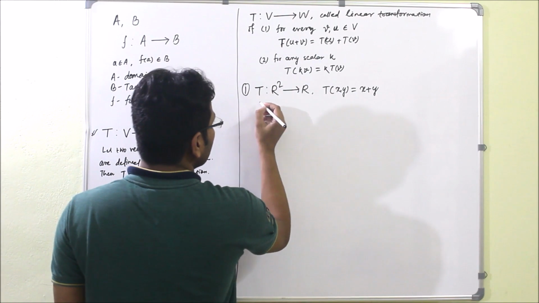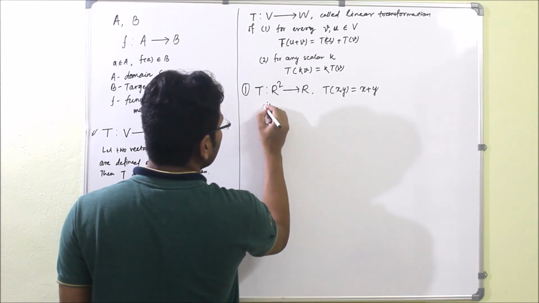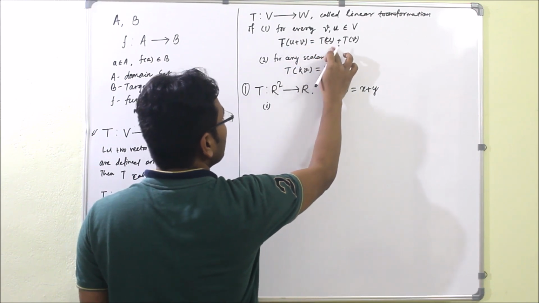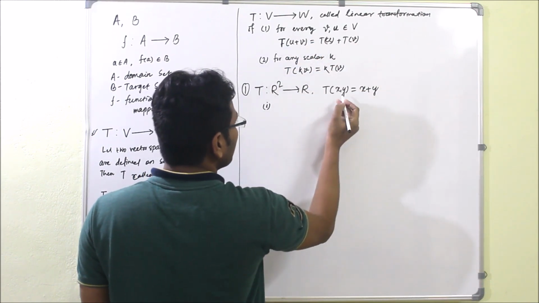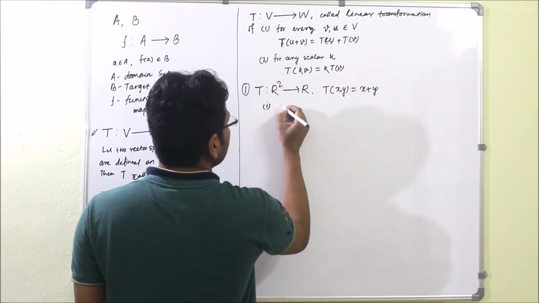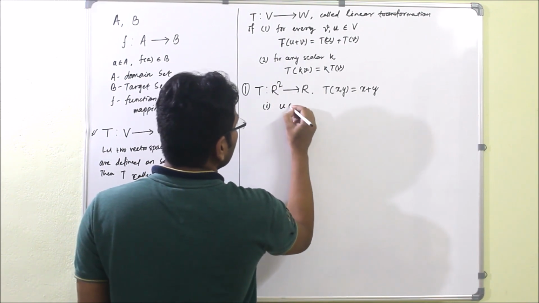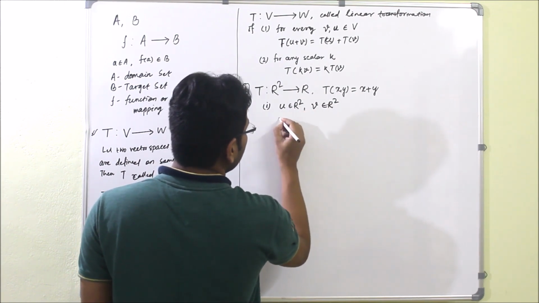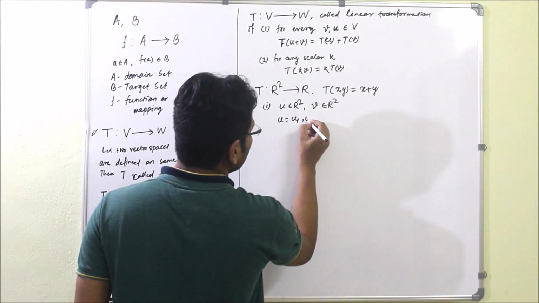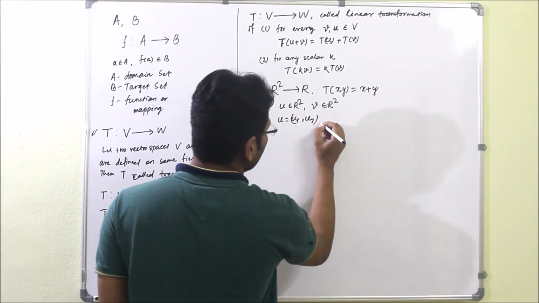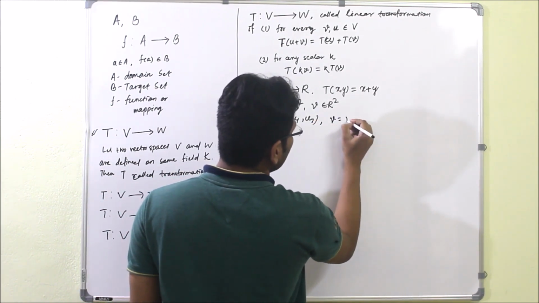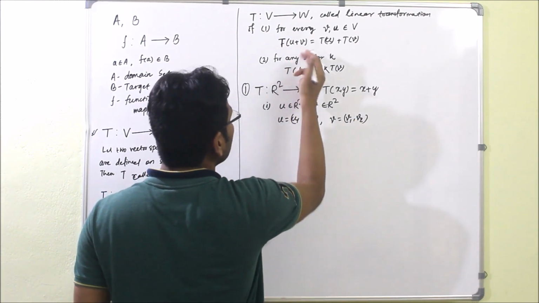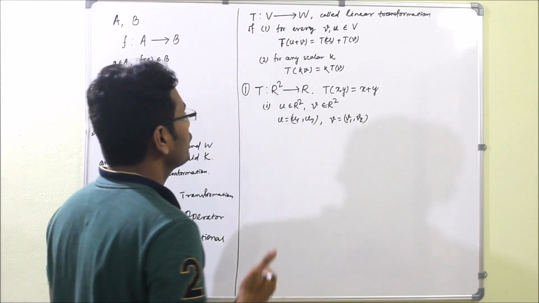So first we check the first property, T of u plus v equals T of u plus T of v. We take two vectors, u belongs to R2 and v belongs to R2, where u is (u1, u2) and v is (v1, v2), and we have to show that T of u plus v equals T of u plus T of v.